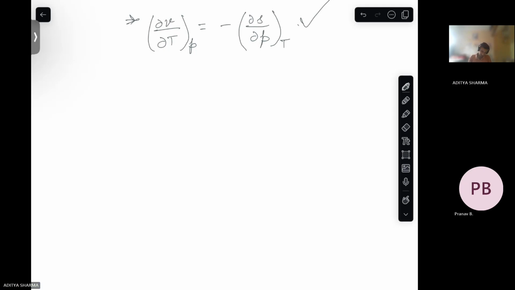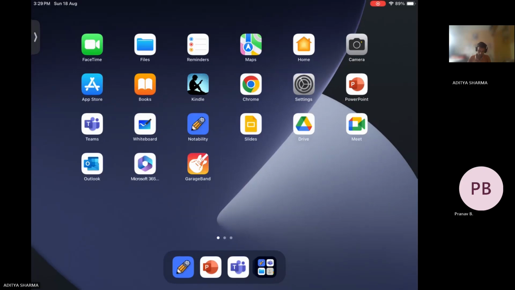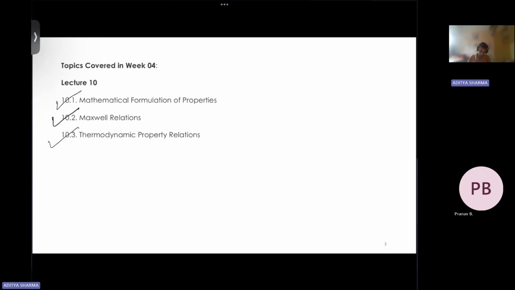So this is thermodynamic property relations.